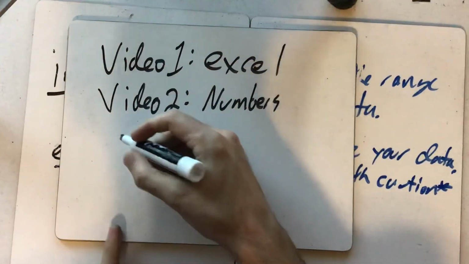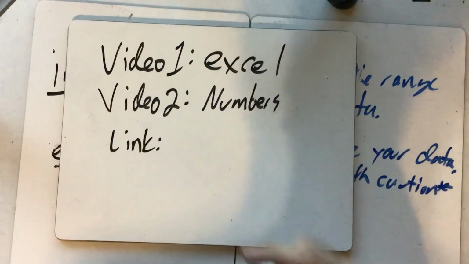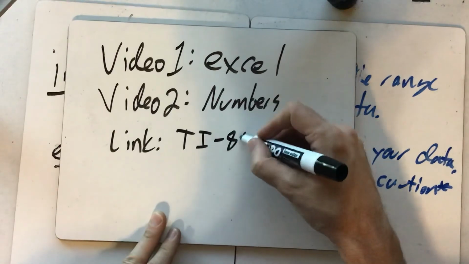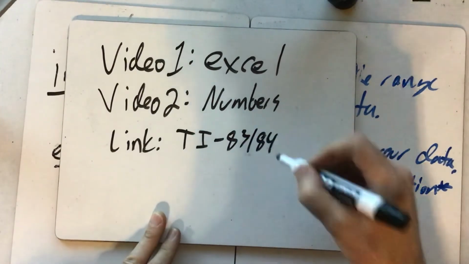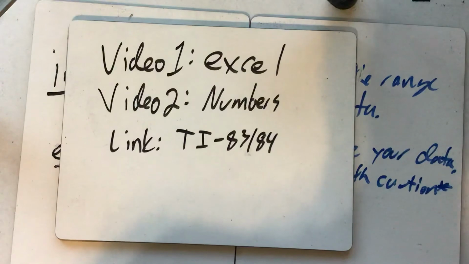Finally, I'm also going to put a link to a video that I made for my other calculus class, which has what to do if you have a TI 83 or 84 type calculator. So if you'd rather use a TI calculator, I'll put a link and you can click on that, and it will teach you how to do it with one of those devices.